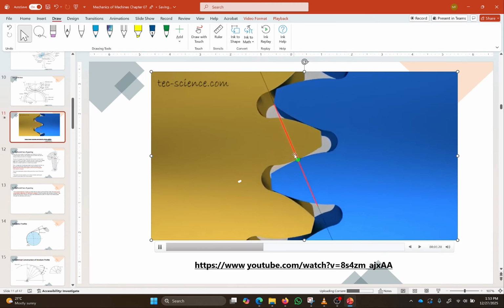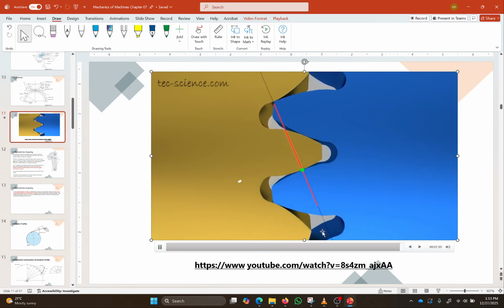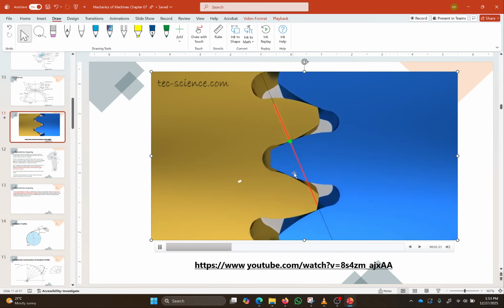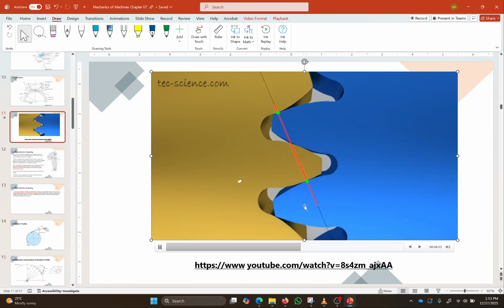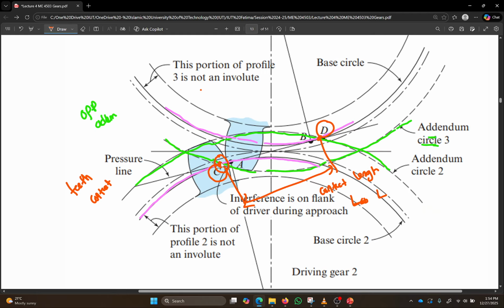This is the point C, and it remains in contact, remains in contact, and it lets go at point D. Start of engagement of teeth is point C, and contact remains for the whole contact length. Start of disengagement is D. So at this point our teeth just came into contact, remained in contact toward the left, and at this point, disengagement of teeth. So this whole length is the contact length.